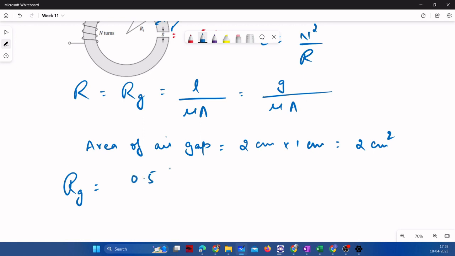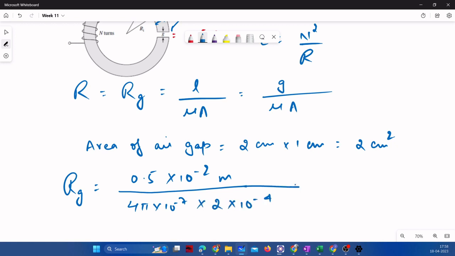So 0.5 centimeter, we will convert into standard SI units. So it will be meter, into mu naught, which is 4 pi into 10 to the power minus 7, into area 2 centimeter square. If we convert into meter square, we multiply with 10 to the power minus 4.